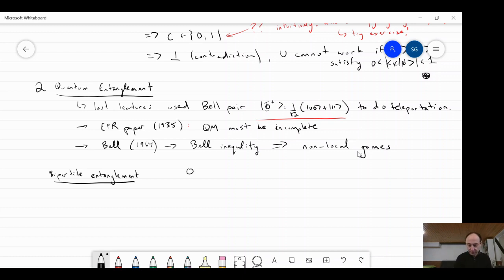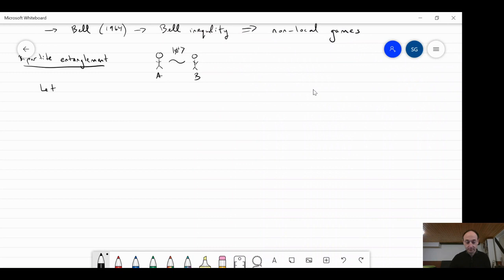Here you imagine, of course, you've got, let's say, Alice and Bob. Here's Alice, here's Bob. They're each supposed to share one half of a state. Maybe that state could be a Bell state or whatever you like. More generally, let psi be a two-party state.